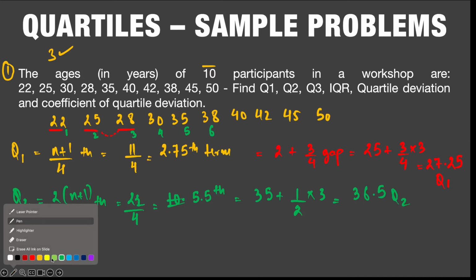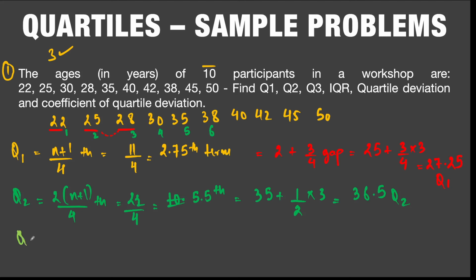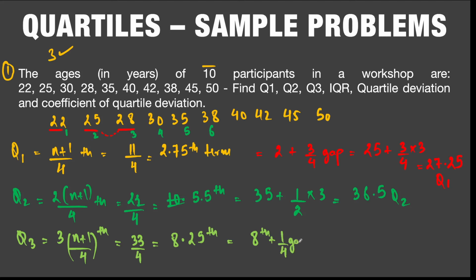Now, talking about Q3. In Q3, it's going to be 3 times (n plus 1) whole by 4th term. This would become 33 by 4, which means the 8.25th term. That also means the 8th term plus 1/4 of the gap between the 8th and the ninth term.